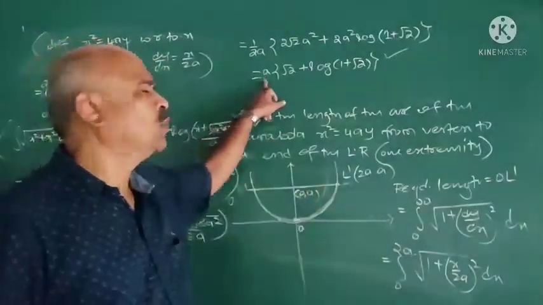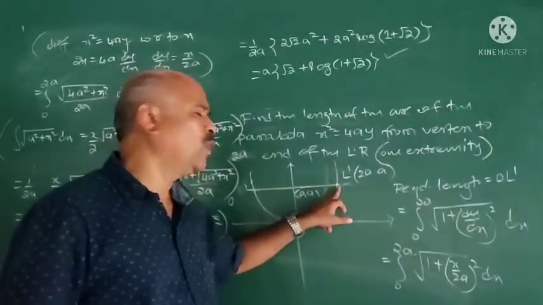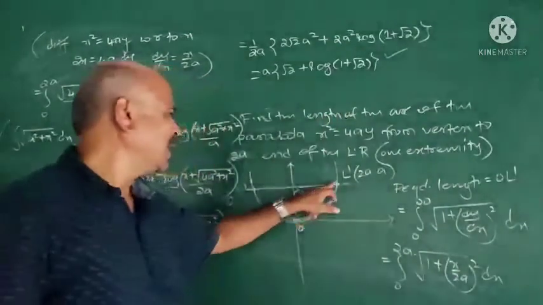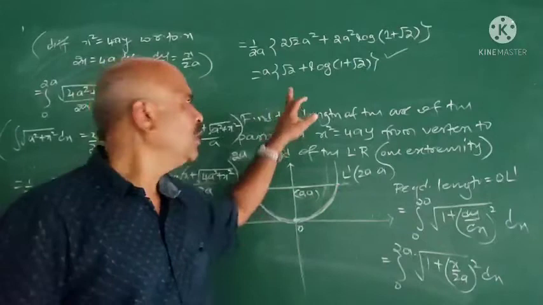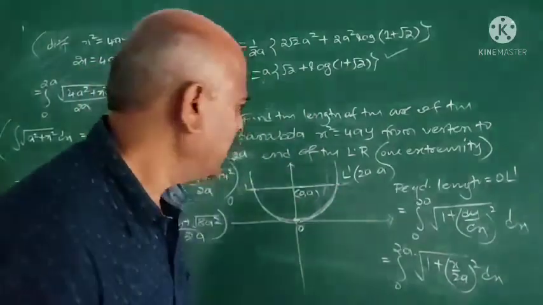Then it becomes 2a, because one portion from vertex to one end of the latus rectum is this, and complete cut off by the latus rectum means L O L dash. Here you will get 2 times. Follow, no? I think that is clear.